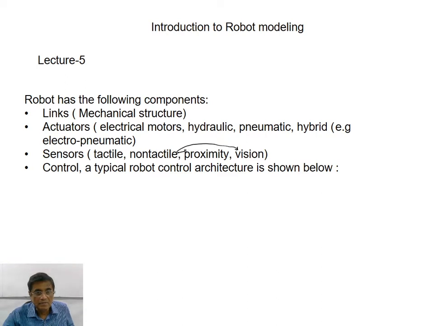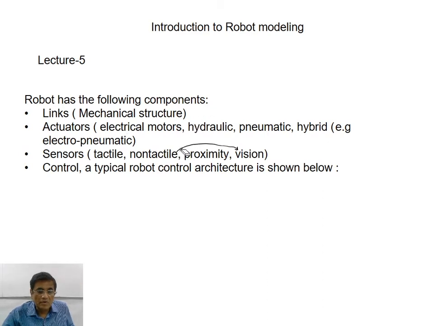Proximity sensors are those sensors which, if you come closer to the transducer, will issue signals. Piezoresistive sensor, piezoelectric sensor, all kinds of sensors are non-tactile proximity type of sensors.